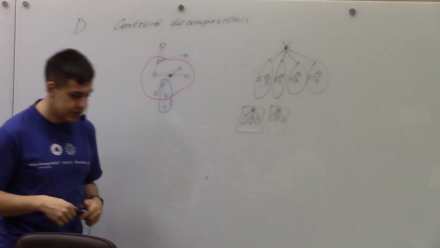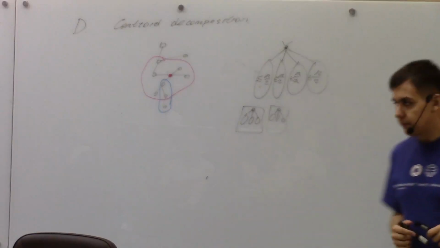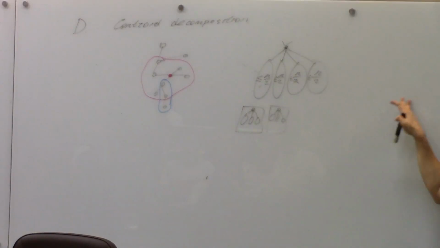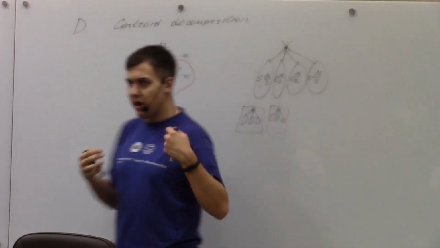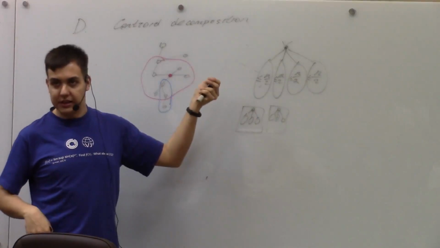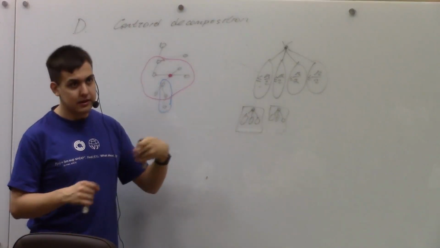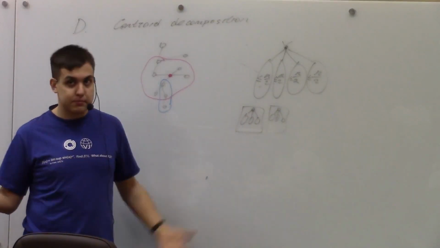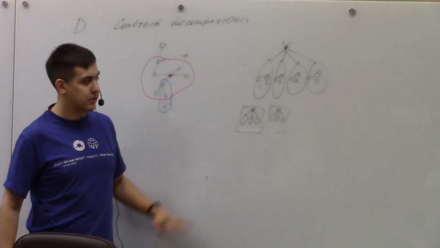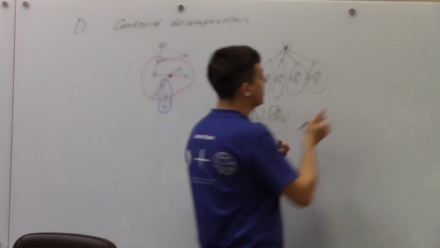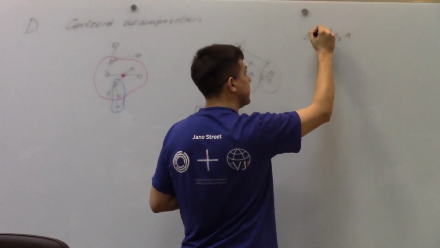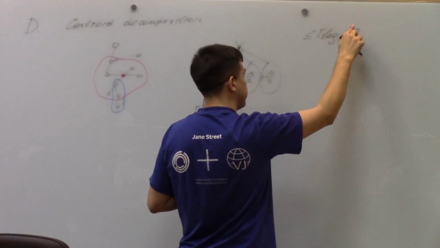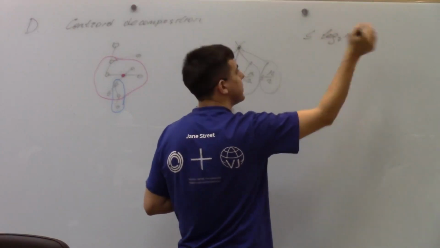That means there will be a logarithmic number of stages of this process. We have a forest, find a centroid in each tree, and delete it until we have removed every vertex. So there will be at most log base 2 of n phases.